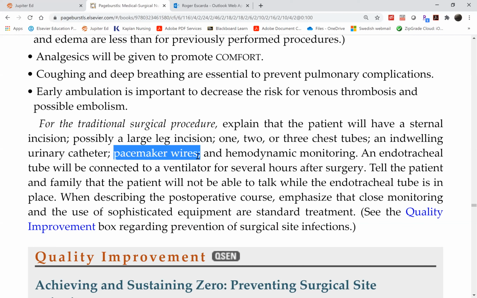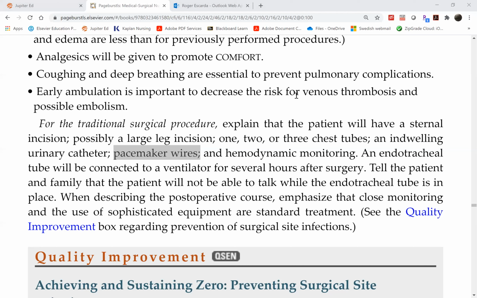This is part of when they put you temporarily on the heart-lung machine, because remember when we do open heart, we have to divert your circulation to an artificial heart, pretty much, a heart-lung machine.